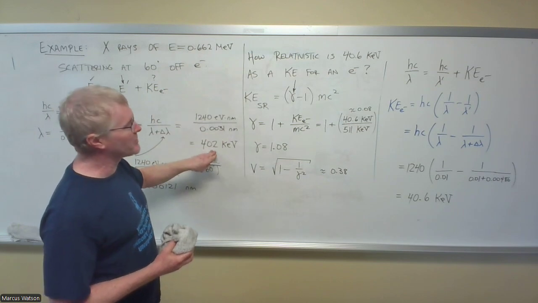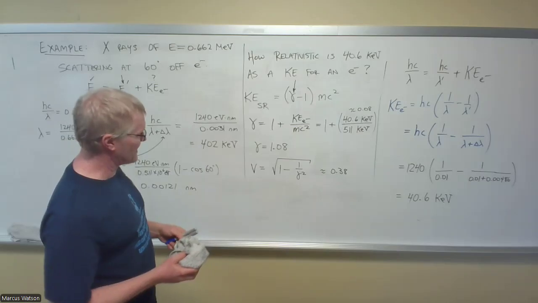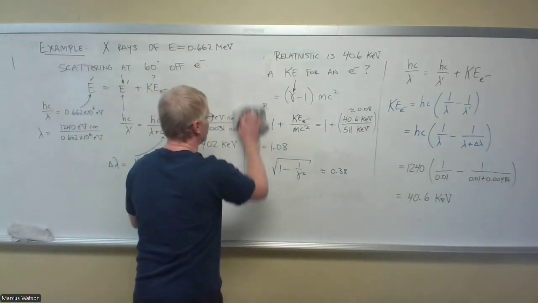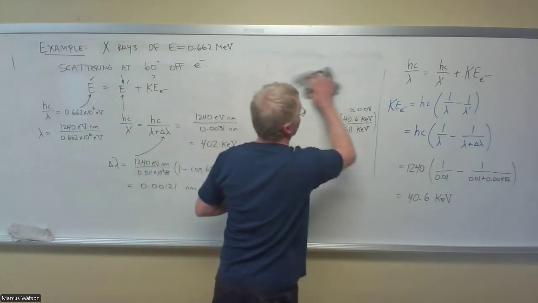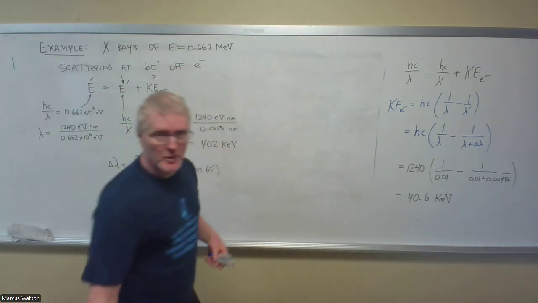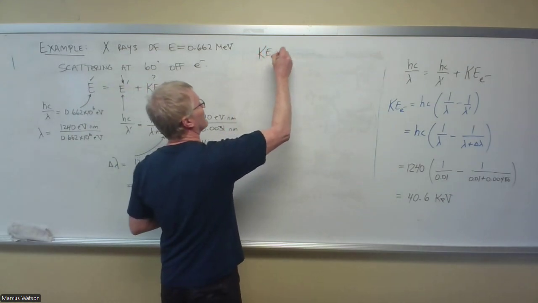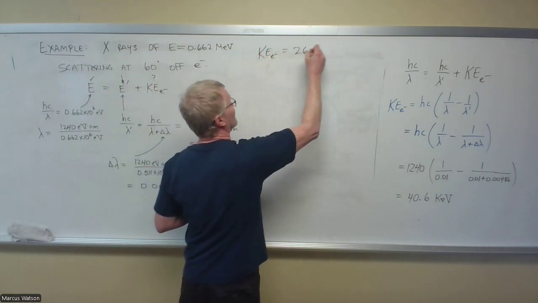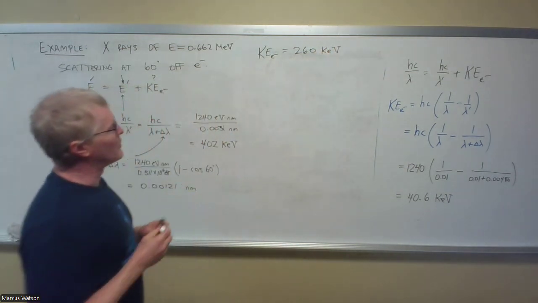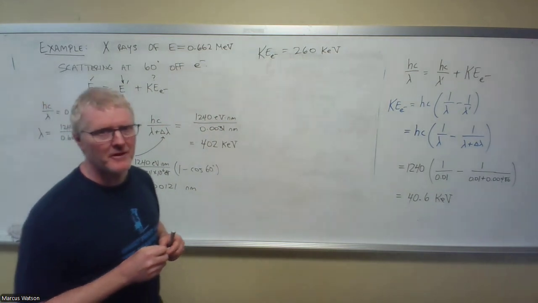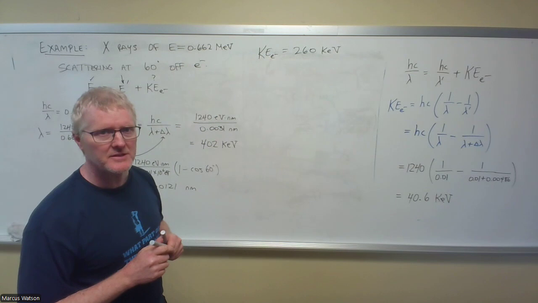The outgoing photon has 402 of those, which must mean that the electron energy is 260 keV. Which is about half of what its rest energy is.